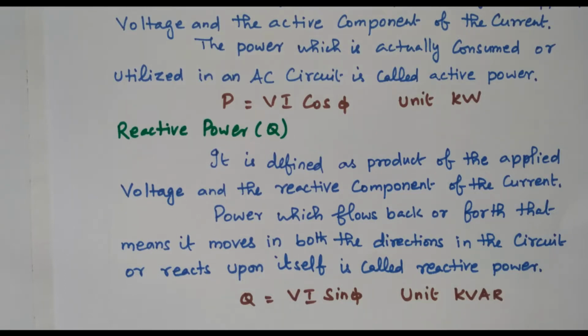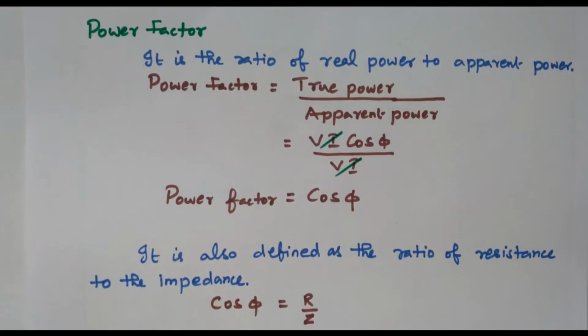Now we'll go to the power factor. Power factor is the ratio of real power to apparent power. What is real power, or true power? VI cos phi. What is apparent power? VI. So VI gets cancelled, and it is cos phi. So power factor is nothing but cos of angle phi.